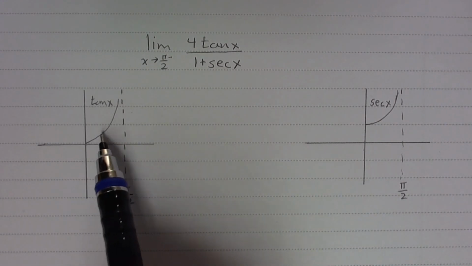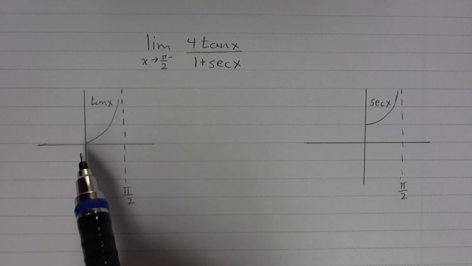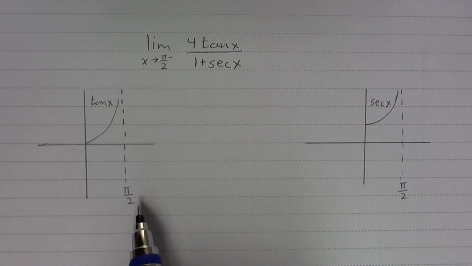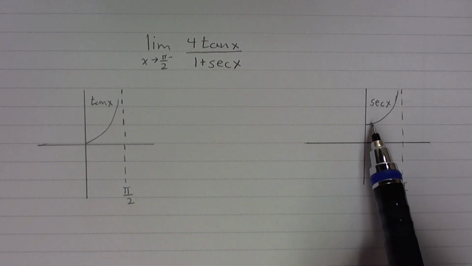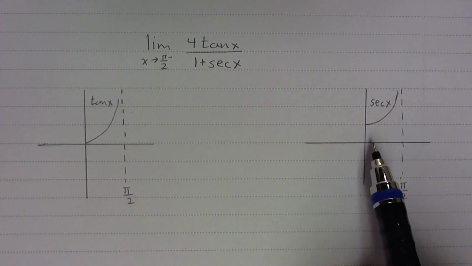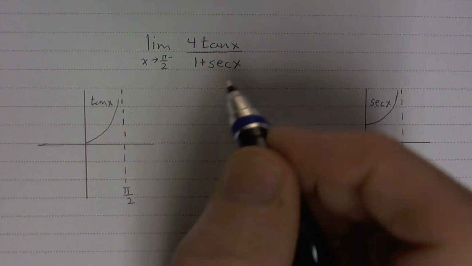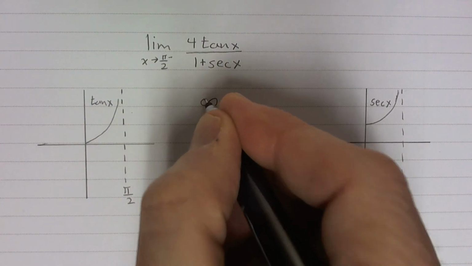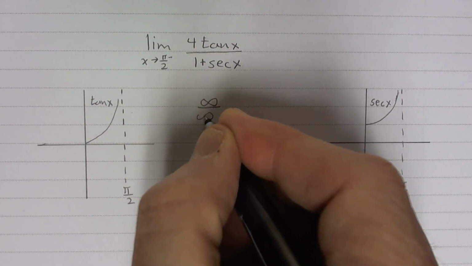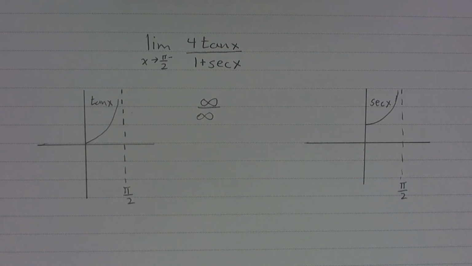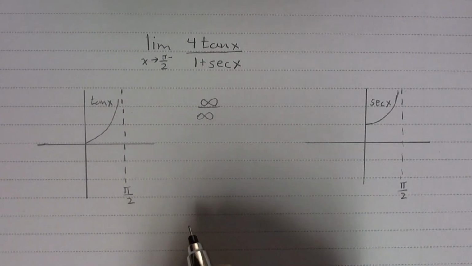So here's the pertinent part of the graph for tangent, and notice it's going off to infinity at pi over 2. And here's the pertinent part for secant, and notice it's going off to infinity over here at pi over 2. So we have this case where we have infinity over infinity. That's an indeterminate case, so we can use L'Hopital's rule.